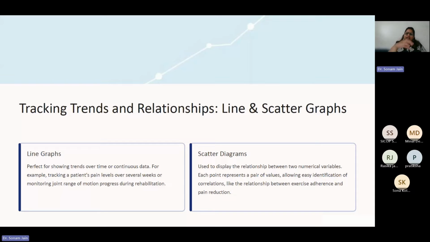If your scatter diagram is going up towards the right side of the graph, then it is stating that the two variables are positively correlated with each other, meaning that when one increases, the other will also increase. And if you have a scatter diagram that goes from left to right in a downward format, then that means it has a negative correlation. That means that when one variable increases, the other will decrease.